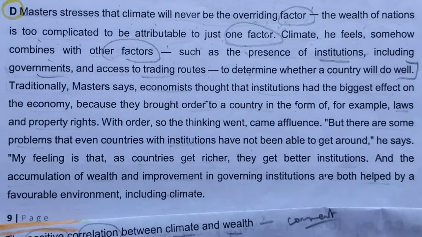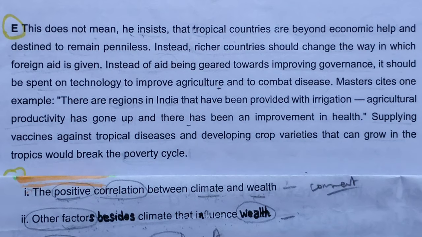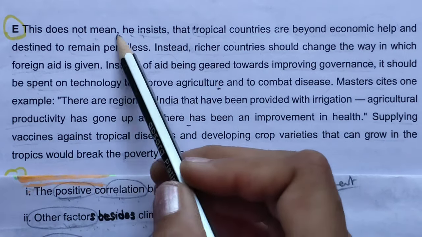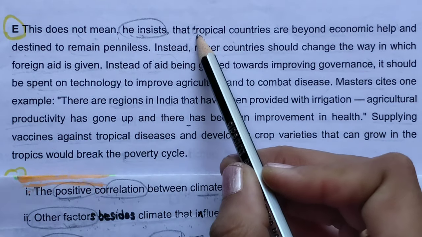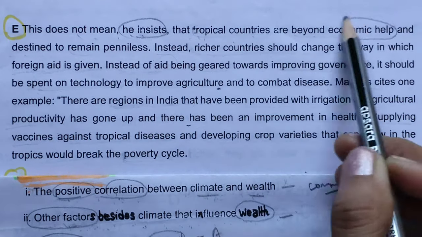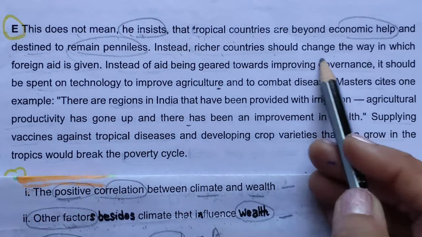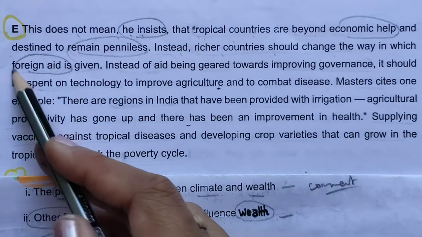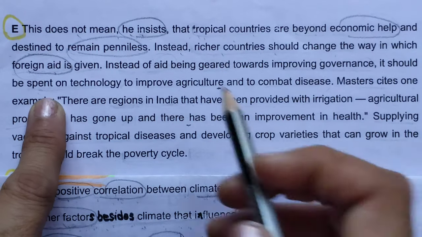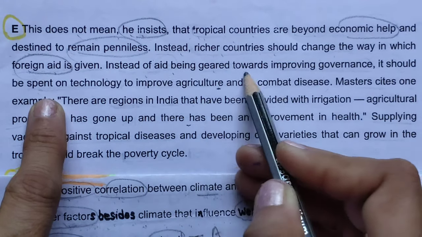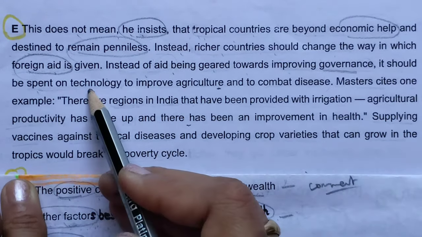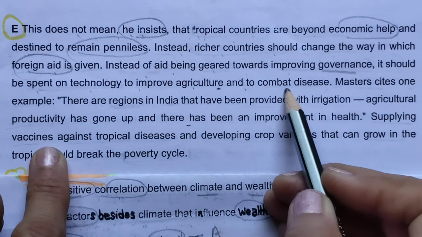Now next, let's read E number paragraph. This does not mean he insists that tropical countries are beyond economic help and destined to remain penniless. Instead, richer countries should change the way in which foreign aid is given. Instead of aid being geared towards improving governance, it should be spent on technology to improve agriculture and combat disease.